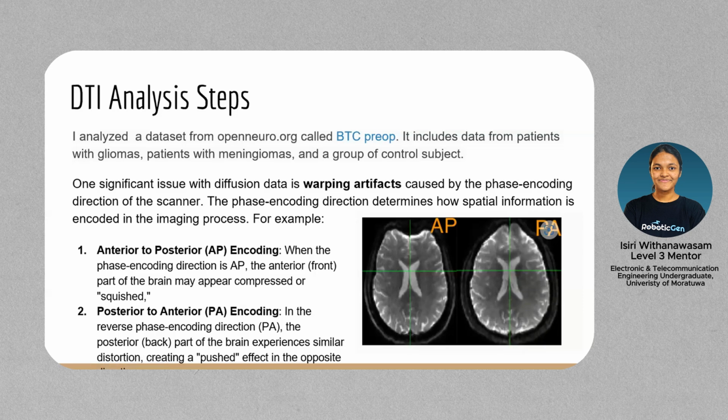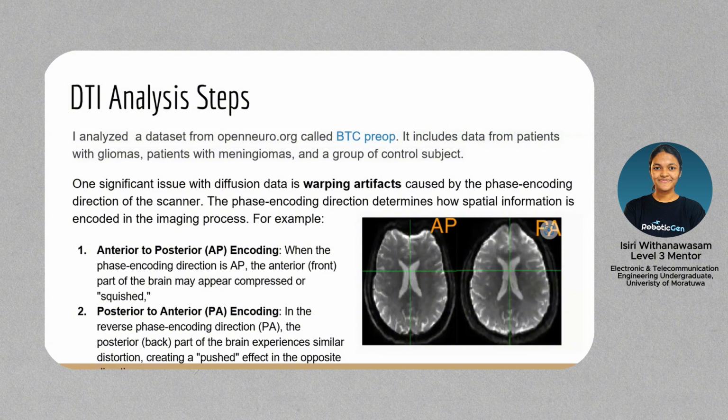Warping artifacts arise when we do phase encoding to get the direction of a slice, to get the spatial information. We are doing encoding using a spatial encoding gradient. We do it anterior to posterior, meaning front to back, and back to front.